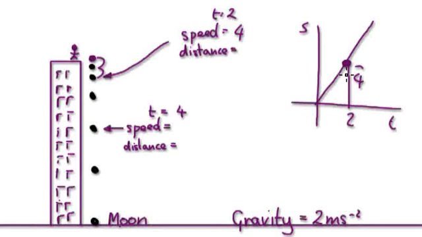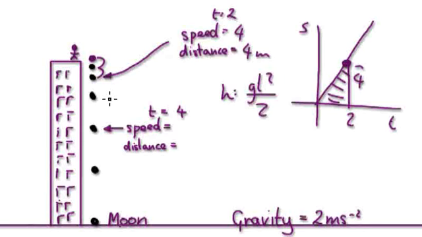The speed is 4, so the area underneath this will be 4. So it would have traveled 4 meters here. Okay, or you can use h equals gt squared over 2 to find out.